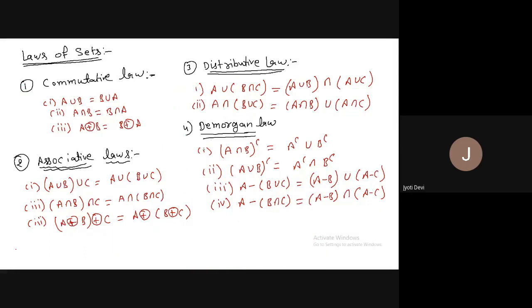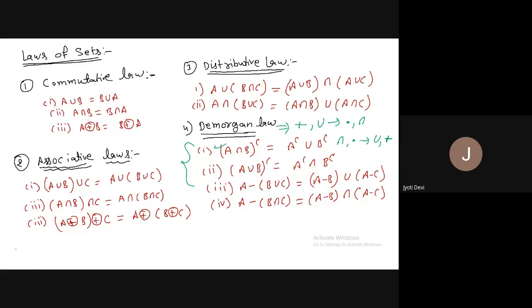So what is De Morgan's law? The important thing is that plus, or you can say union, is converted into dot or concatenation, that is intersection, and the intersection or dot is converted into union, or you can say the OR operation.